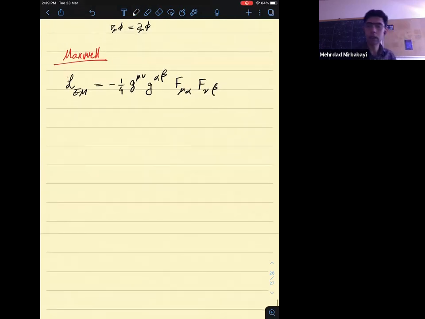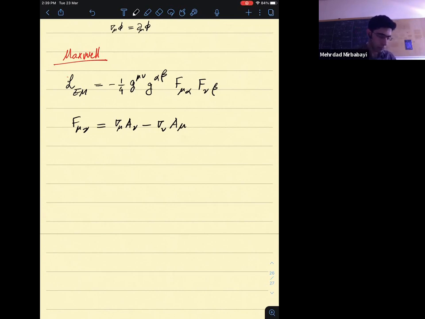Perhaps you have seen this action before in QED, except that maybe not with the general metric, but with the Minkowski metric. So the rule here is that we replace the Minkowski metric with the general metric, and F mu nu, which normally we would write in terms of ordinary derivative, now we write using the covariant derivative, although actually in this combination it doesn't matter.